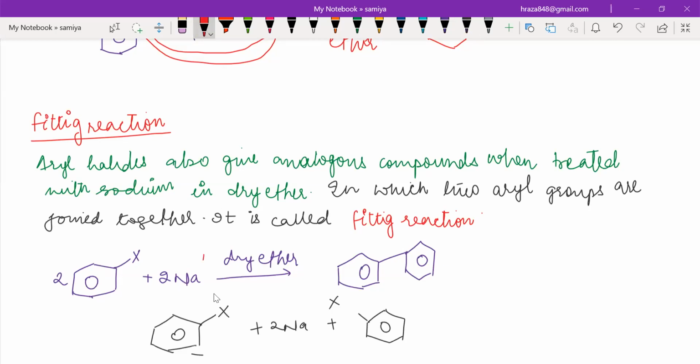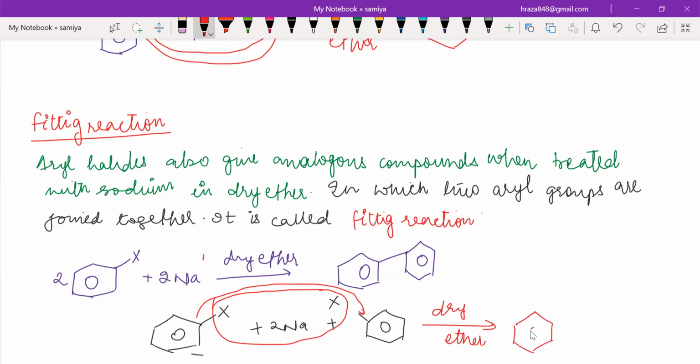What you need to do is just remove this NaX in the presence of dry ether and connect these. So this will give 2 NaX, and this is known as diphenyl. This is right.